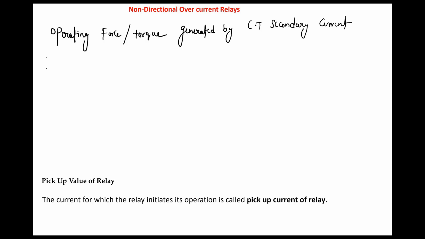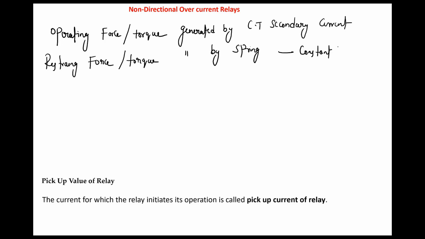The other one is the restraining force or torque generated by either the spring or spindle, whatever may be, by the spring. This restraining force is constant, the opposing force is constant. Understand?